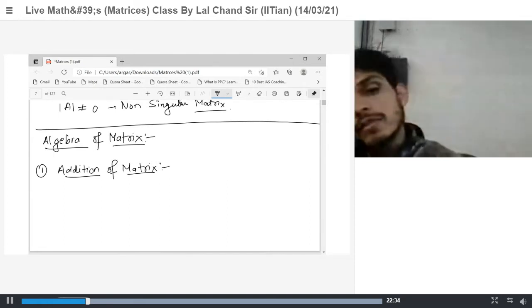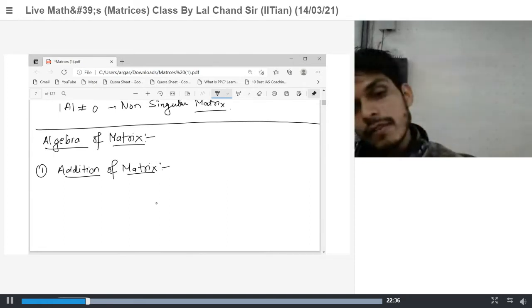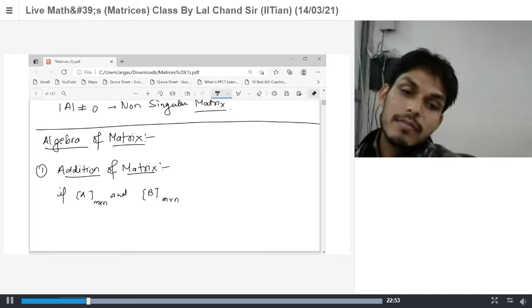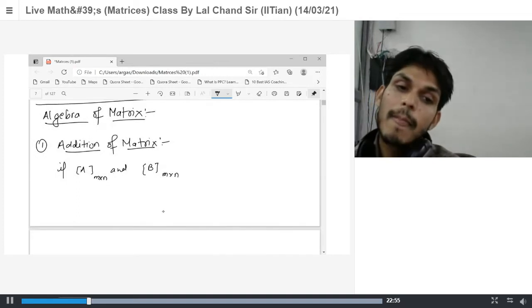Let us suppose we have two matrices, A and matrix B. If the order of both matrices is the same, this is M cross N and this is also M cross N, then A plus B is defined.